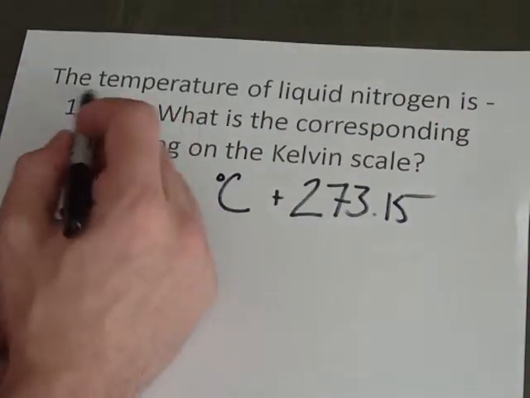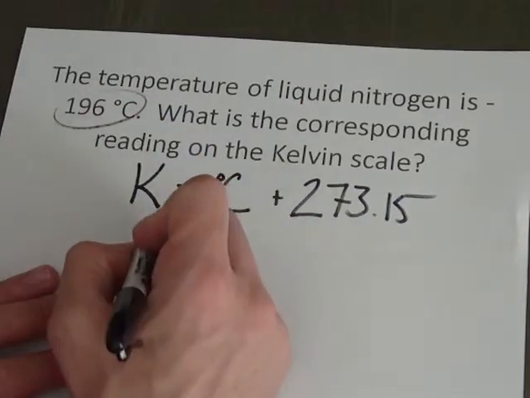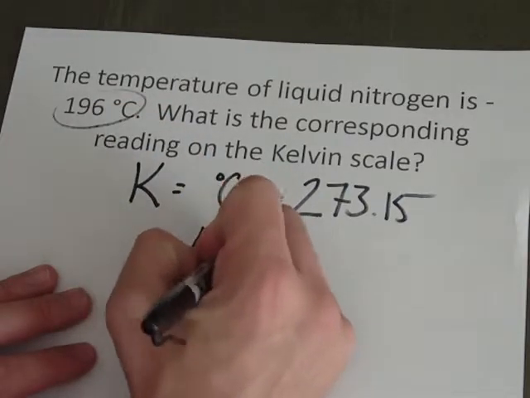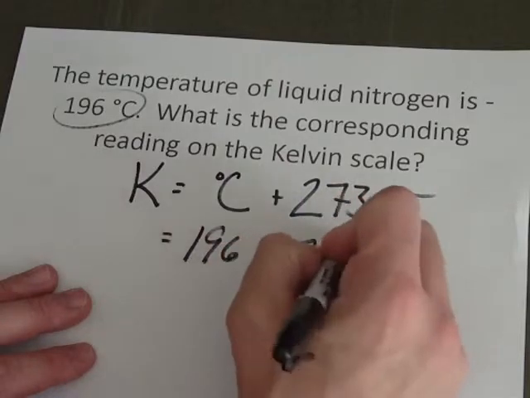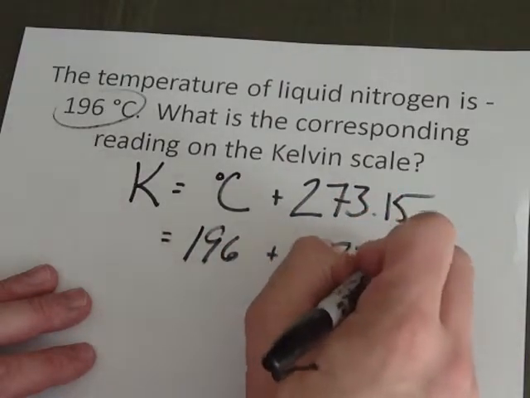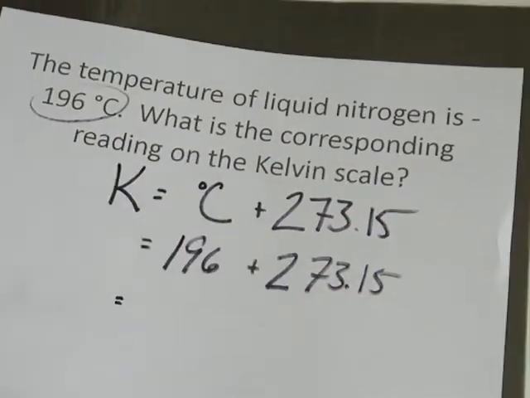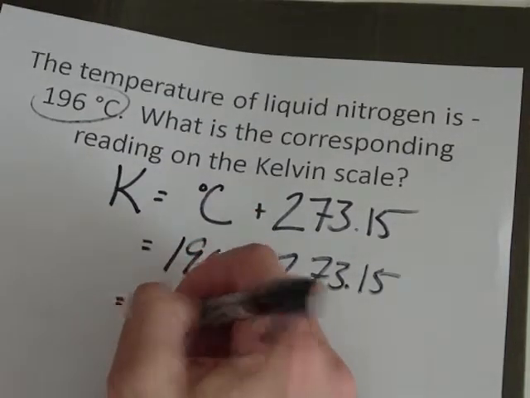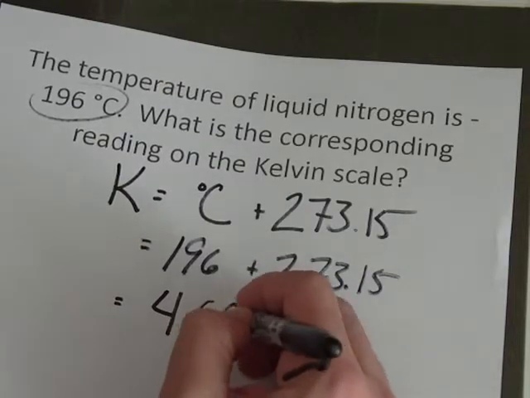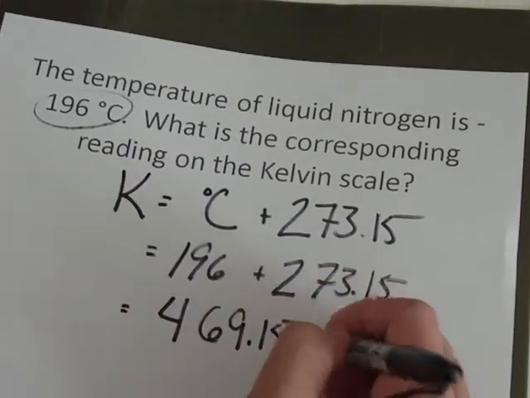So our degrees Celsius is negative 196, so that's equal to negative 196 plus 273.15, and so we plug that into our calculator, and we get 77.15 Kelvin.